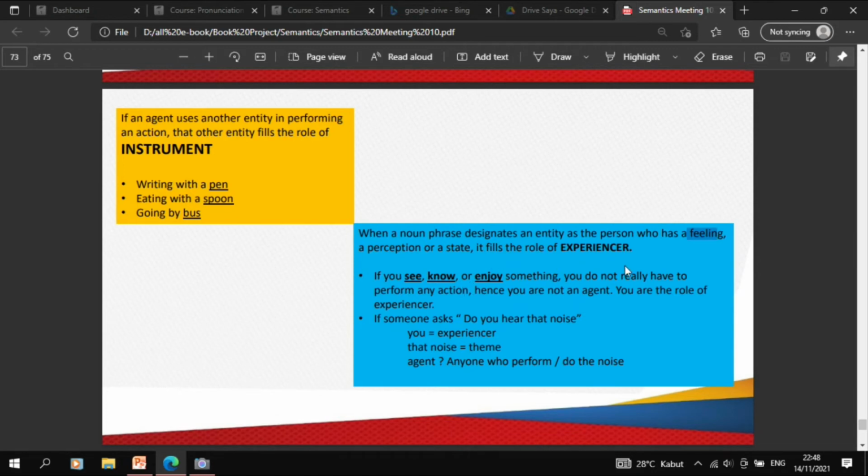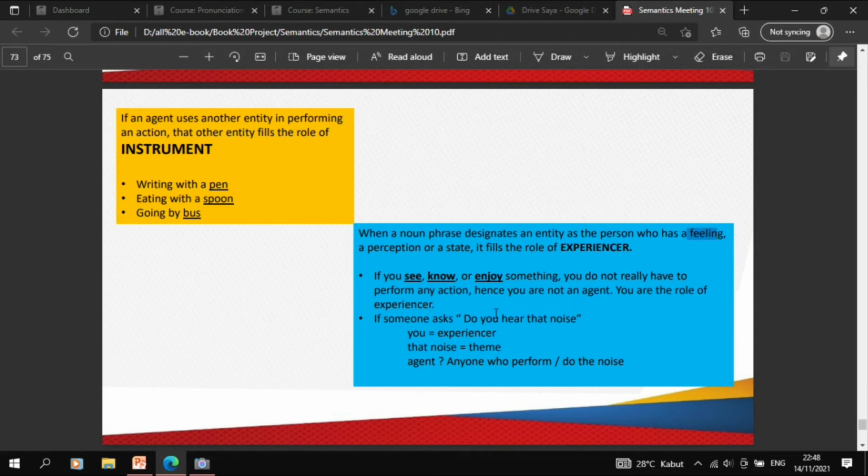Be careful, you do not have to perform any action, hence you are not an agent, but you have the role of experiencer. So what is that? See the example to make it easy. If someone asks, do you hear that noise? So you here is not the agent.